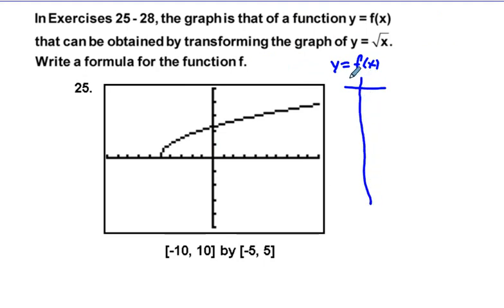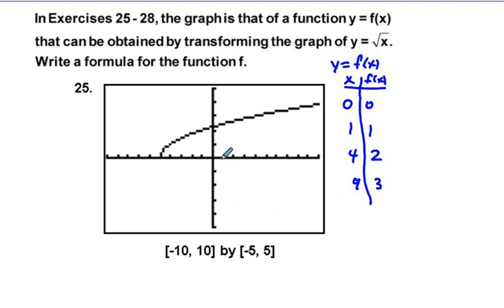If we go to x, f of x, we input 0, we'll get square root of 0, which is 0. If we plug in 1, we get square root of 1, which is 1. If we plug in 4, we get square root of 4, which is 2. If we plug in 9, we get square root of 9, which is 3.